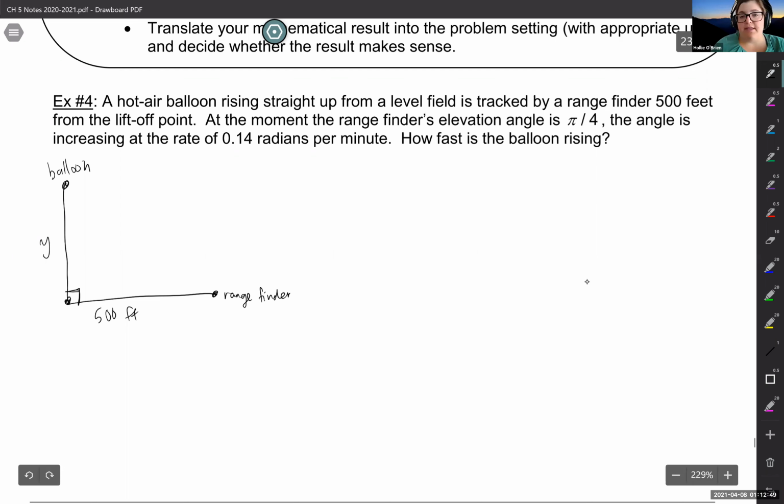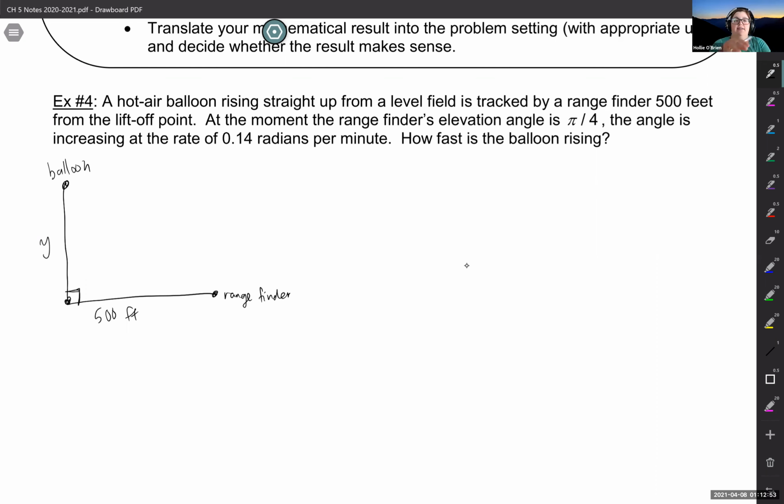All right, and we said this rangefinder is tracking how fast the balloon is rising. So literally, this angle right here is finding how fast the balloon is rising.